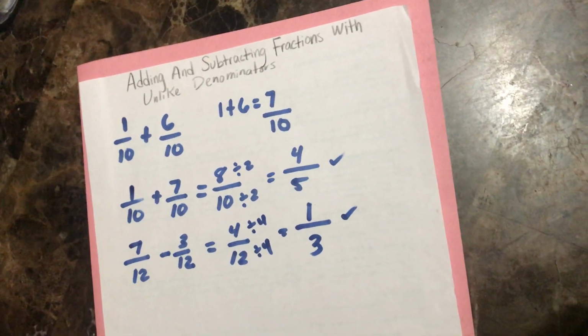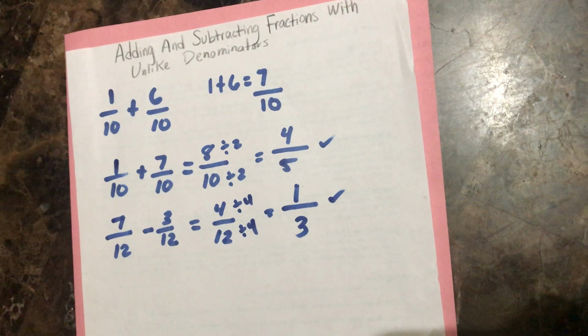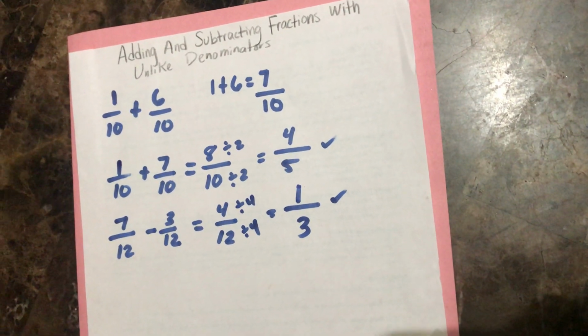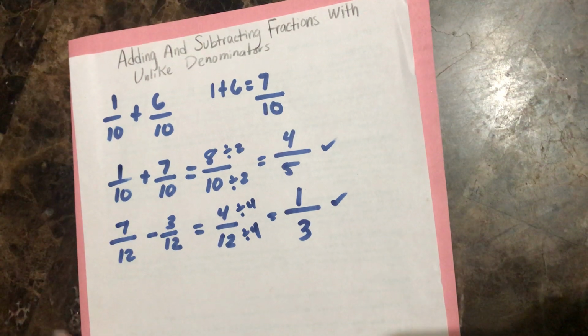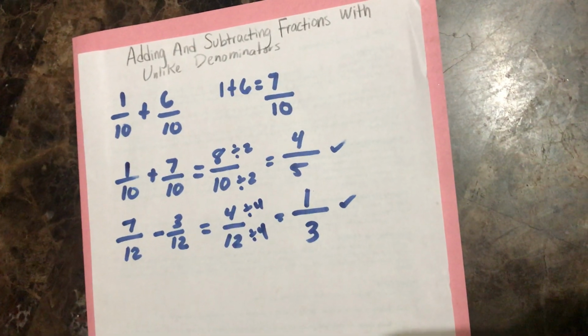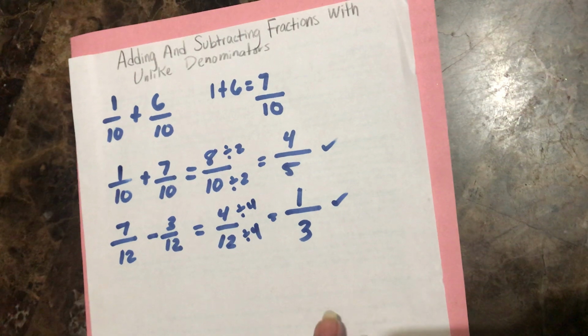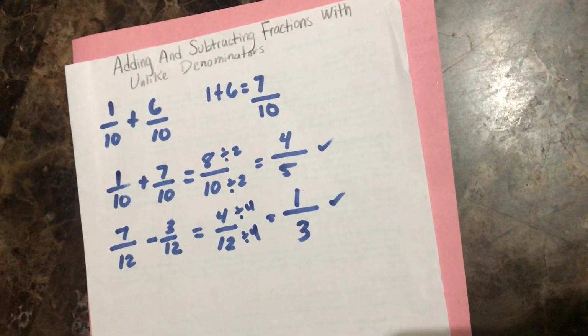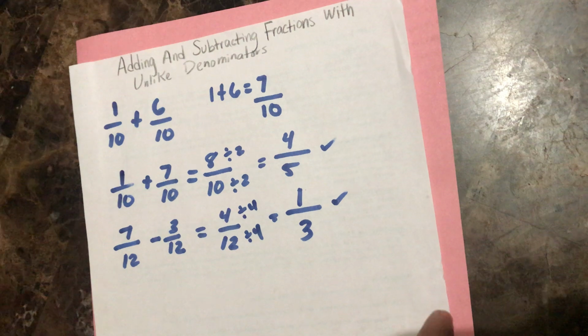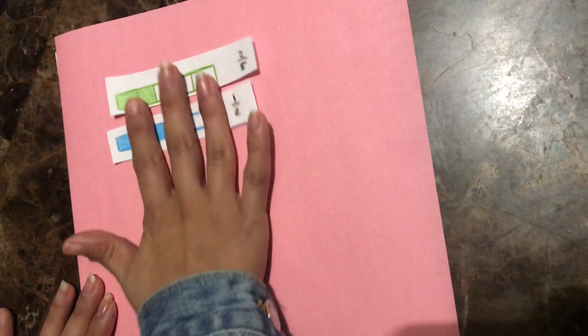Now we are moving to addition and subtraction of fractions with different denominators. So when two fractions have different denominators, that means that the wholes have been split into pieces that are not the same size.